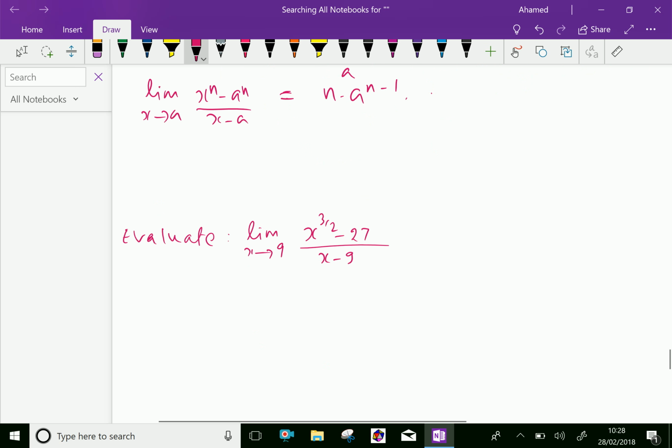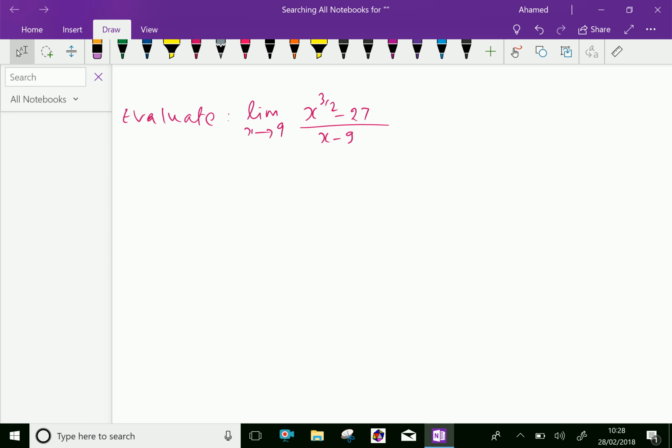Now let us do an example regarding this formula. Evaluate the limit as x tends to 9 of (x^(3/2) minus 27) over (x minus 9).